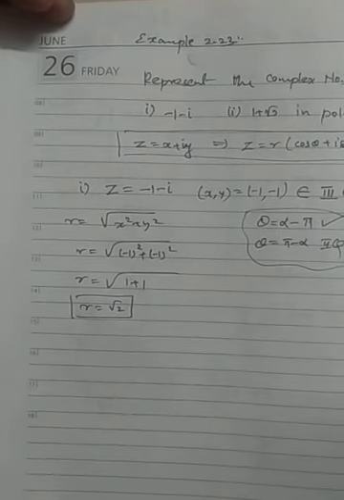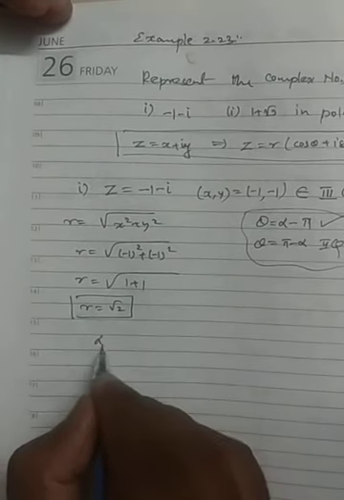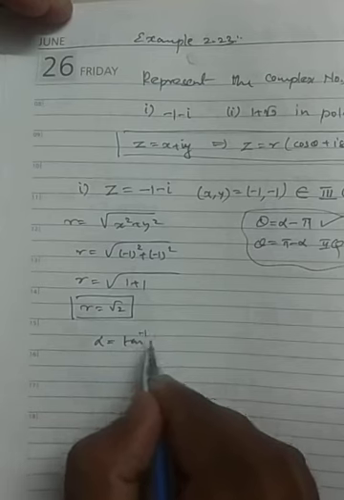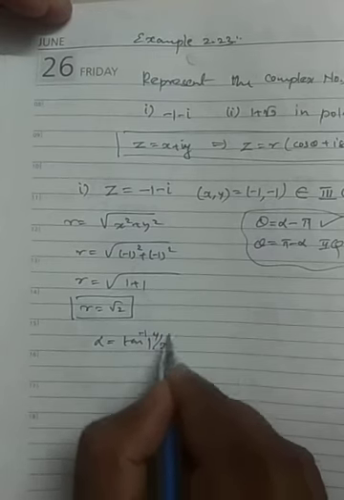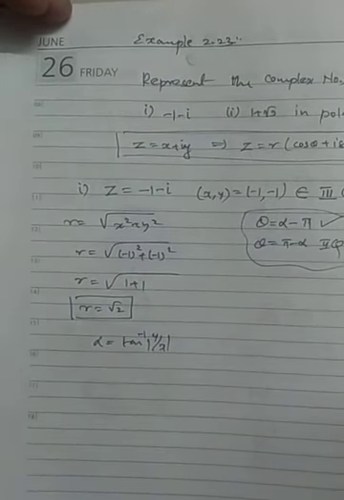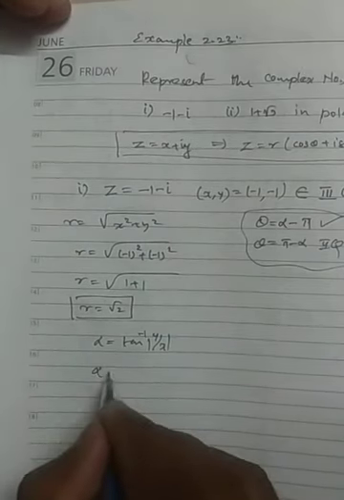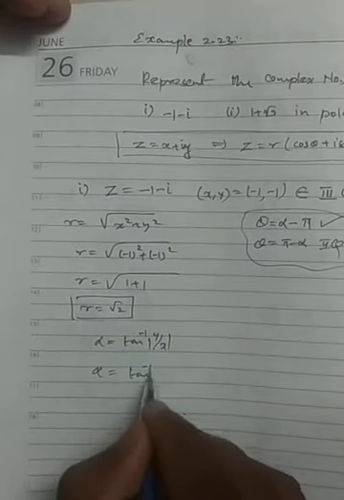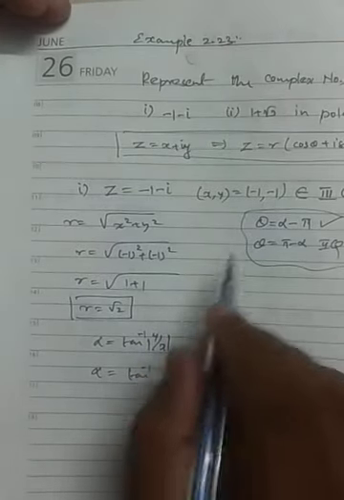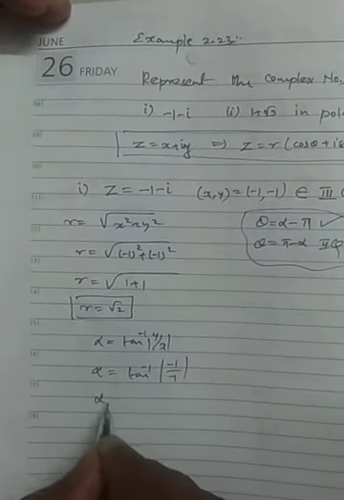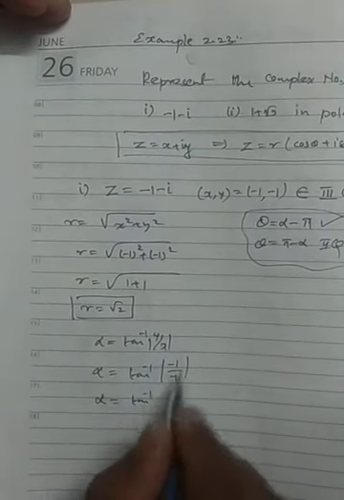Now after this you need to find alpha. Alpha is nothing but tan inverse of mod of y by x. So the alpha value is tan inverse of modulus of minus 1 by minus 1, which is tan inverse of 1 by 1.